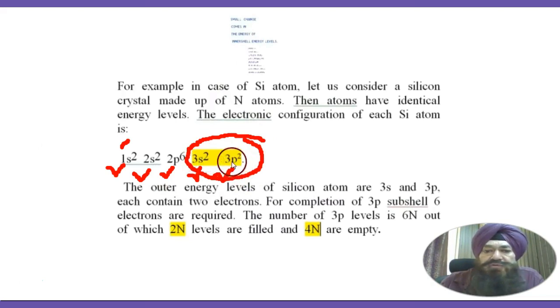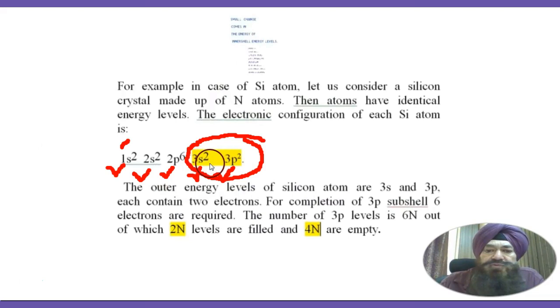The capacity of the 3p levels is actually 6, so 6 electrons can be accommodated. And 3s has a capacity of 2.